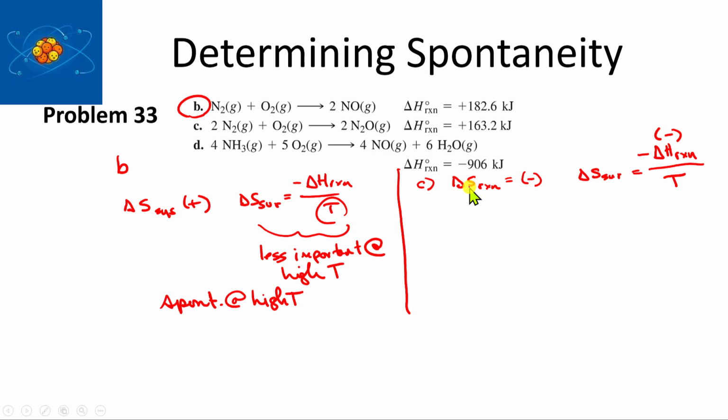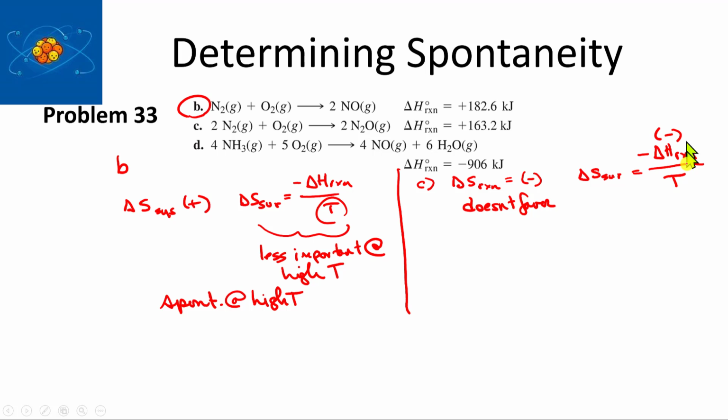So the entropy of the reaction doesn't favor a spontaneous reaction. And this also doesn't favor a spontaneous reaction. And there's no situation, if you think about it, even if I go to absolute zero, or if I go really, really large, in which this term won't be negative.